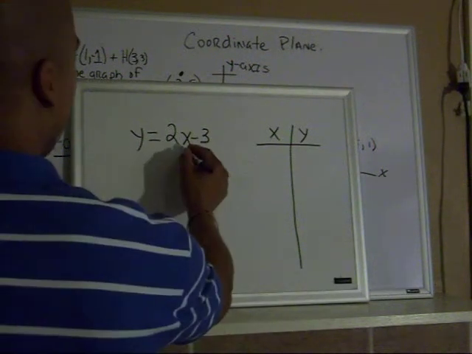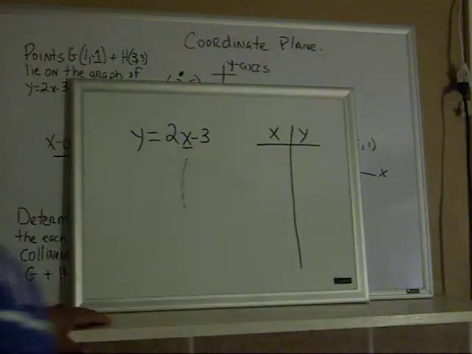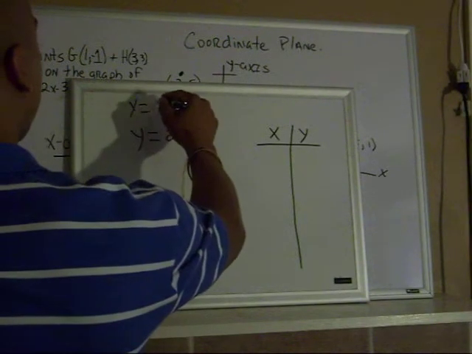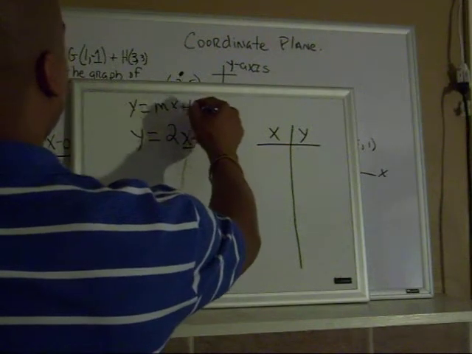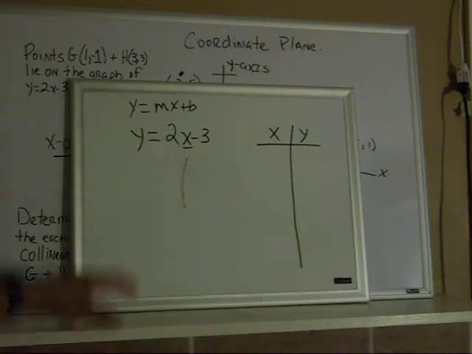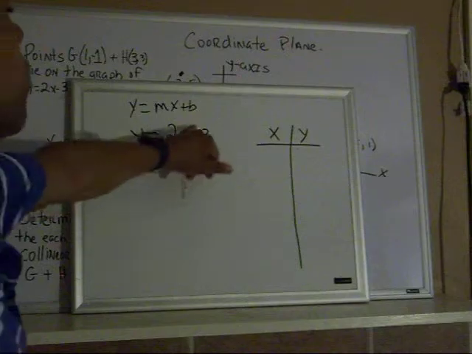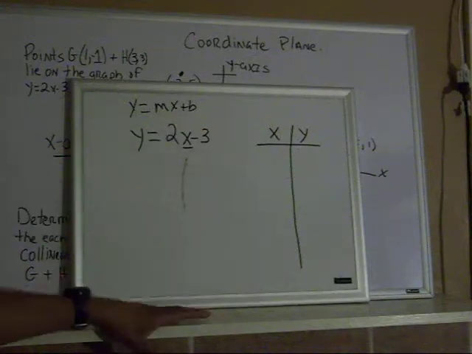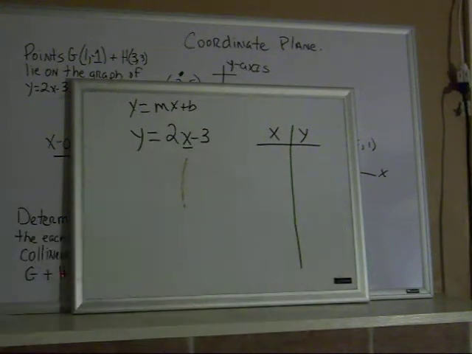Basically, remember your slope. When you talk about y = mx + b, the exponent on your x is going to be 1. Since it's 1, it's going to be a straight line. If you have 2, it's going to be more of a parabola. But we're only talking about collinear, so we're talking about linear equations.